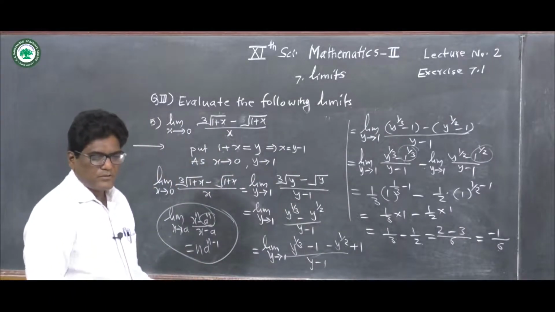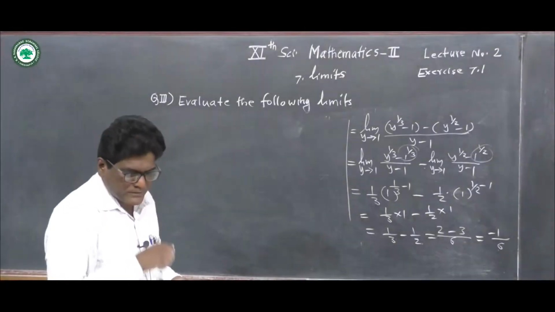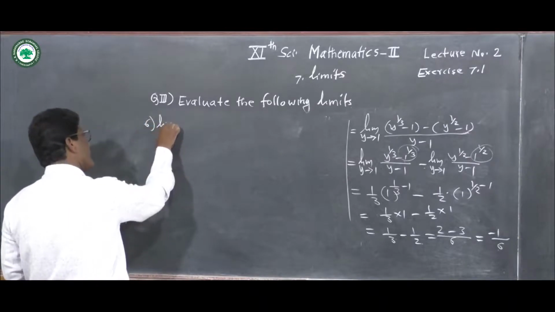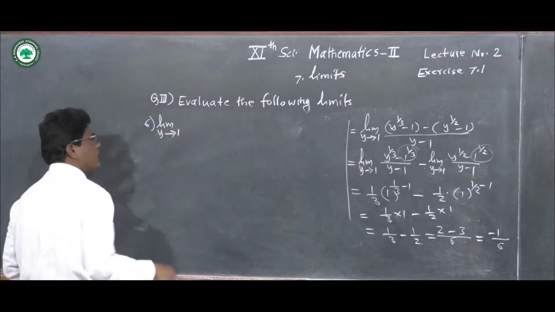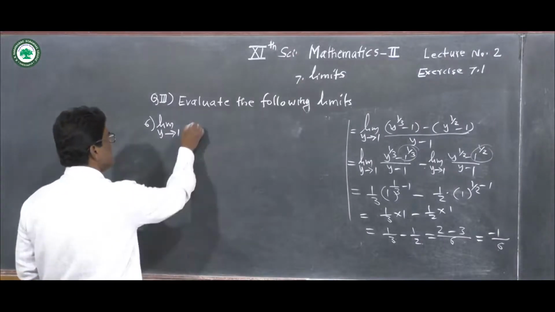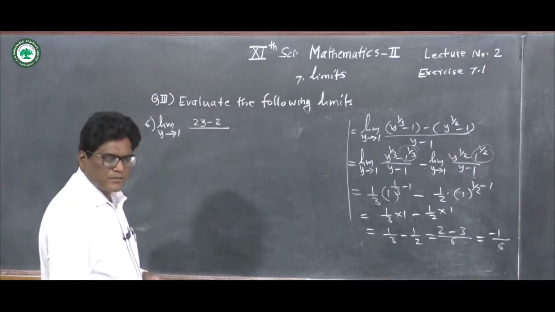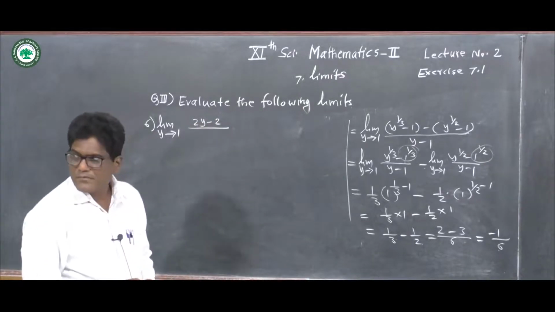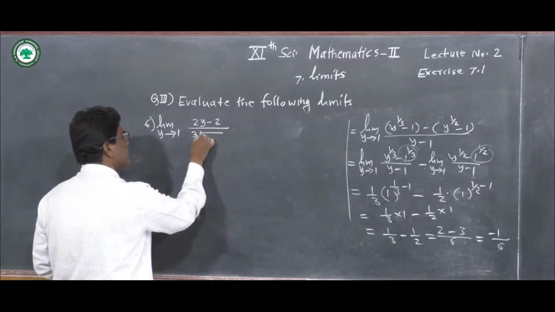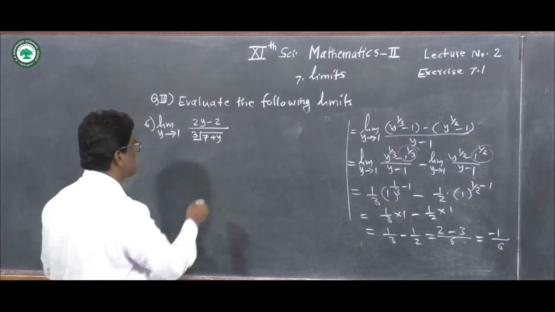Now here we see the sixth problem. Sixth problem: limit y tends to 1, 2y minus 2 divided by cubic root of 7 plus y minus 2.